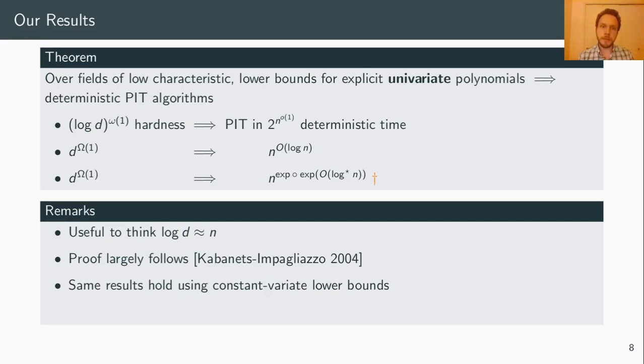So the exponent on n here is certainly larger than a constant, but it's still a pretty slow growing number. So perhaps you can think of this as obtaining a quote-unquote near polynomial time algorithm for PIT, but it's not a genuine, gold standard polynomial time algorithm.